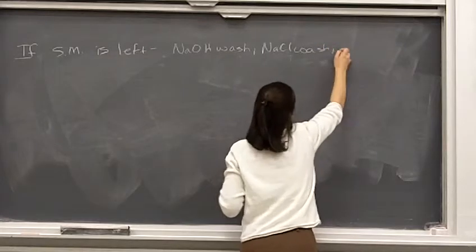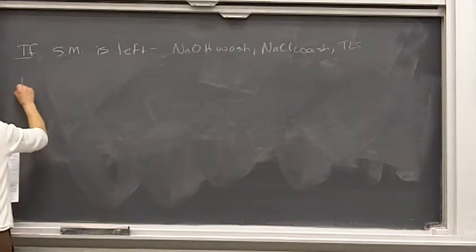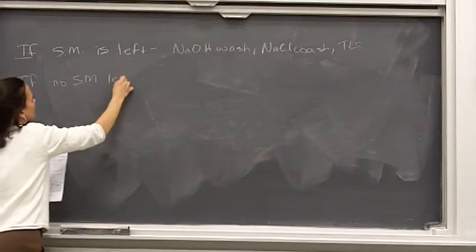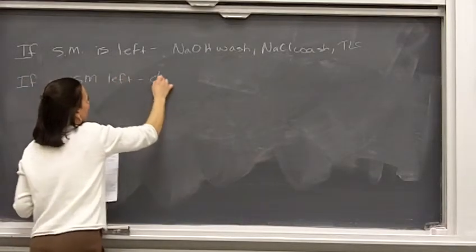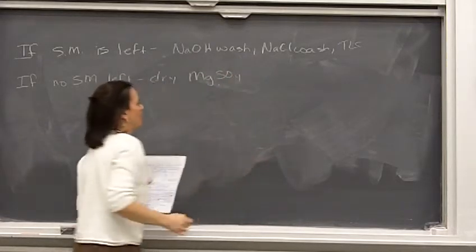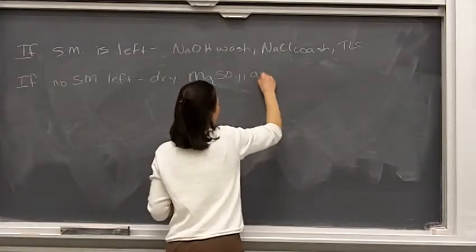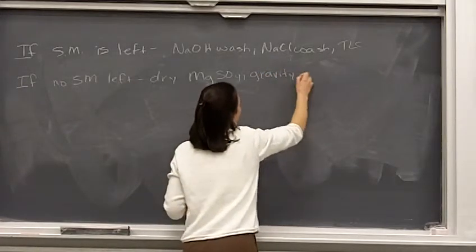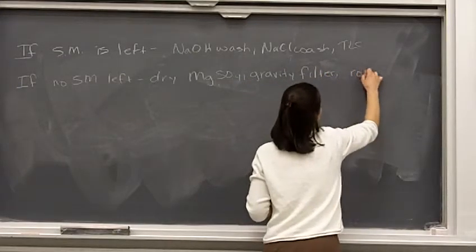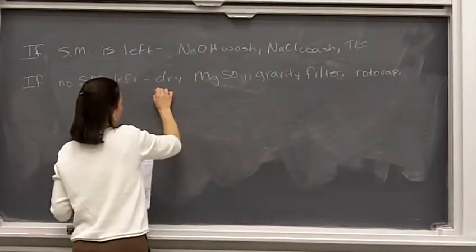And then you're going to TLC again, all right? If you don't have any starting material left, then you're going to dry with magnesium sulfate, gravity filter, and then you'll rotovap and put your stuff on the high vacuum pump.